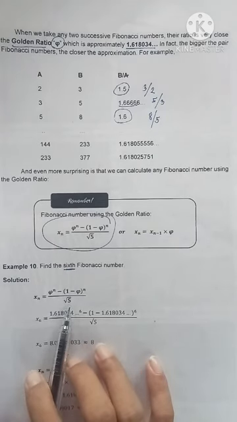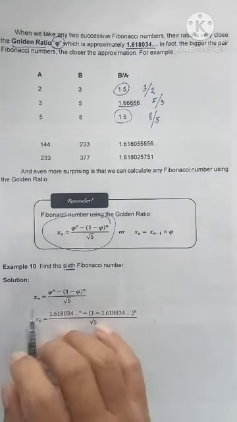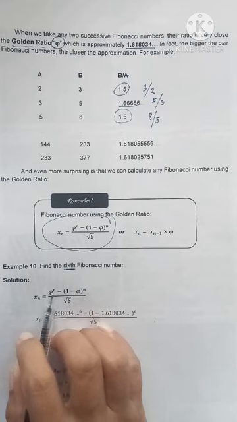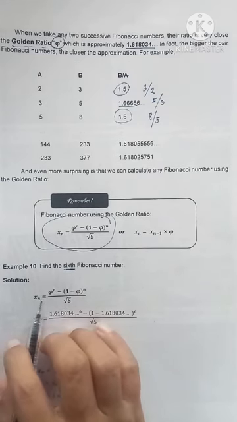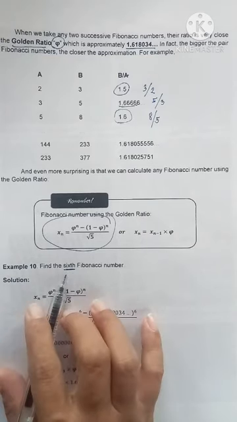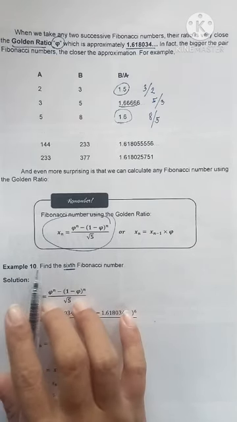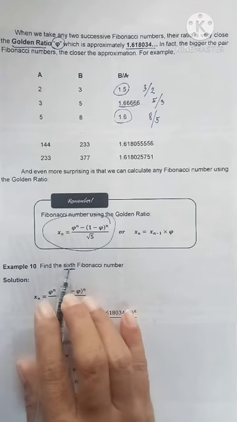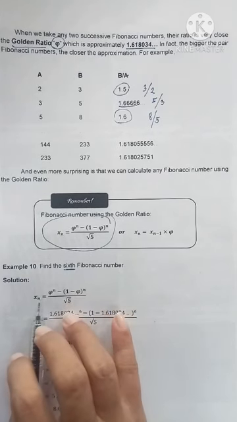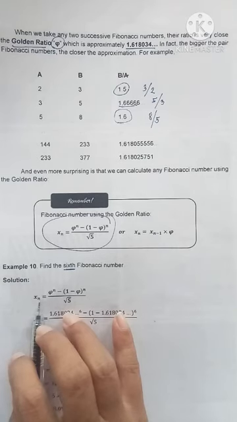Then, if we already have our formula, what we're going to do is substitute the values of n and the golden ratio. So where are we going to get the value of n? As you can see here, we are looking for the sixth Fibonacci number, and n is the one that tells us the position in the sequence of the Fibonacci number.